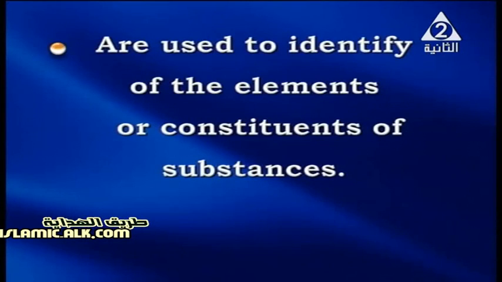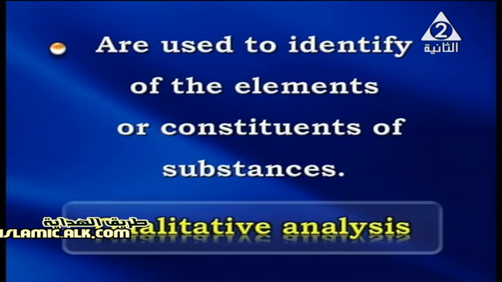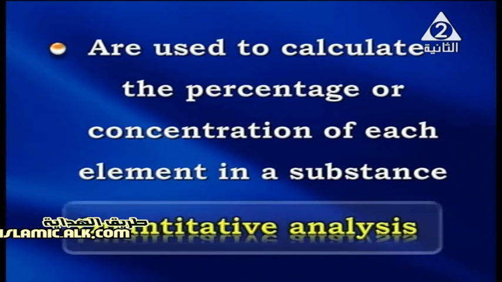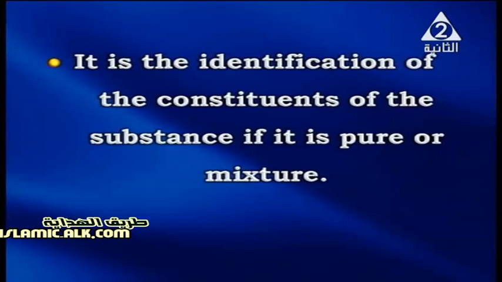Are used to identify the elements or constituents of the substance. Yes, the answer, it will be qualitative analysis. Are used to calculate the percentage or the concentration of each element in a substance. If you think about it, yes, it will be quantitative analysis. It is the identification of constituents of the substance, if it is pure or mixture.